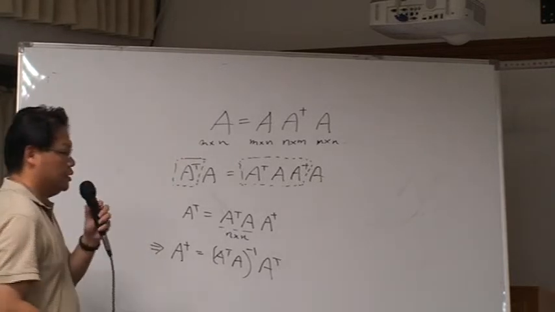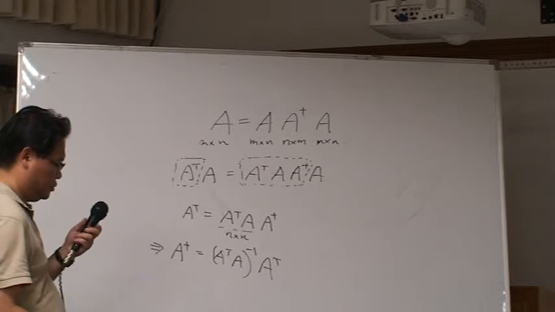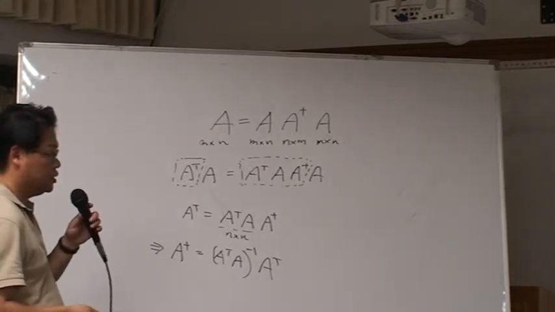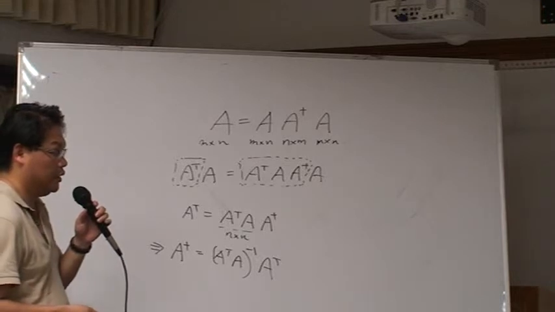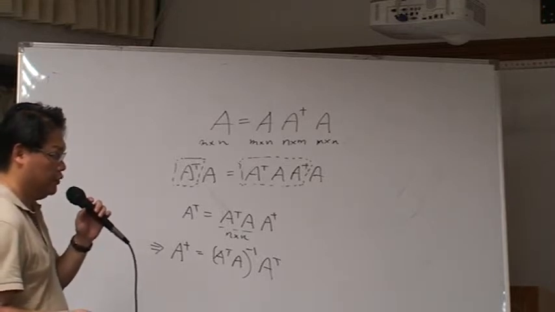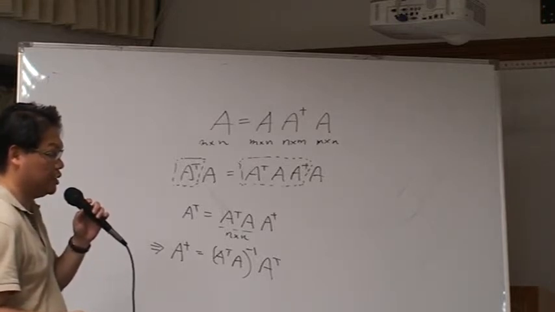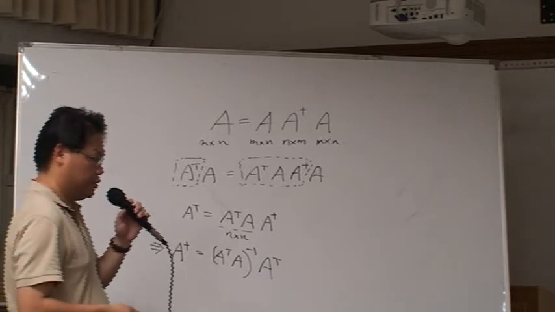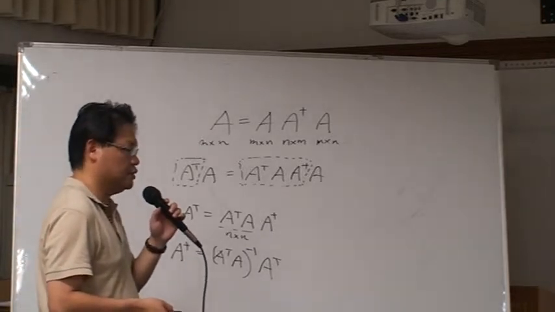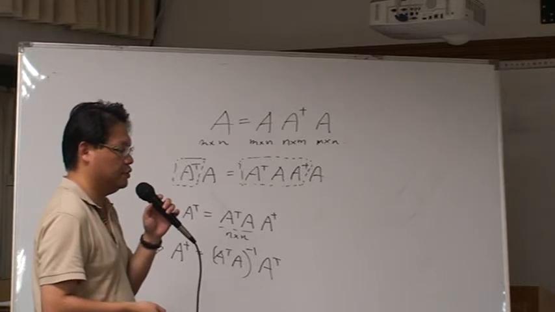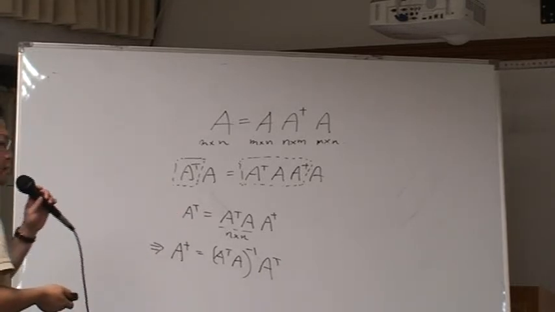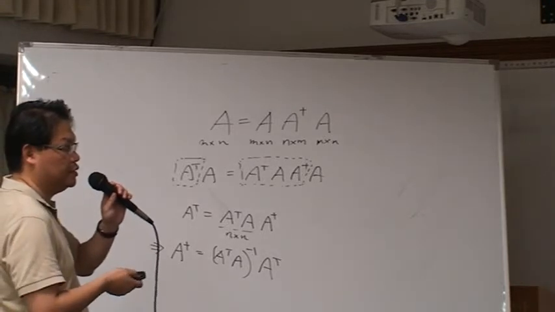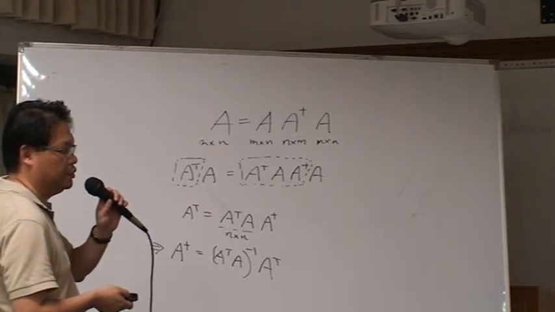But here you can also do a singular value decomposition. If A can be decomposed by singular value decomposition into these three matrices, then the pseudo inverse of A is just V sigma inverse U transpose. You can plug in this result to prove it.